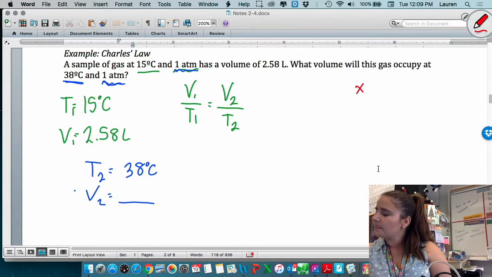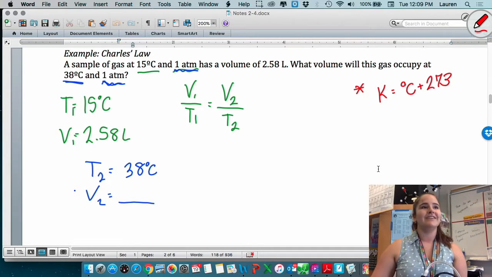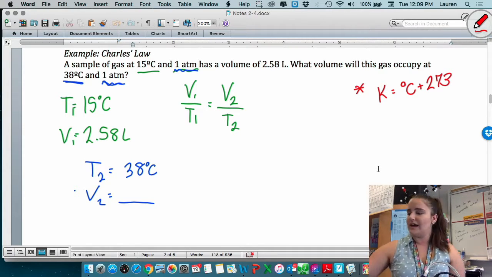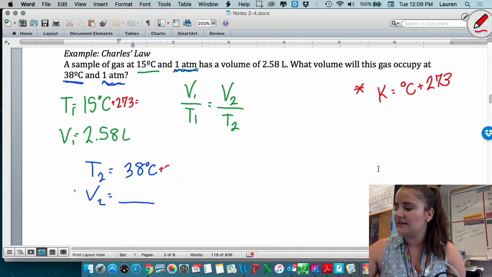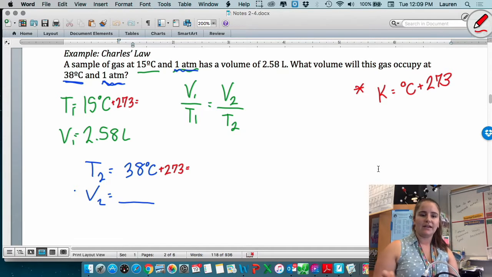To convert to Kelvin, you just take the degrees Celsius and add 273. Okay, I want you guys to go ahead and try that one for me.